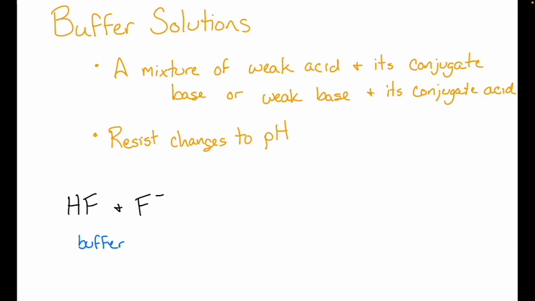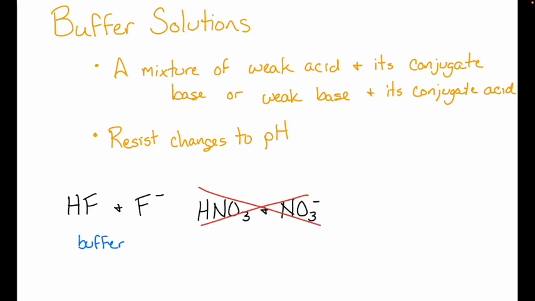Okay, if I take another acid, so for example, nitric acid and its conjugate, this would not be a buffer. Why is that? What do we consider nitric acid to be? A strong acid, all right? You can't make a buffer with a strong acid. It has to be a weak acid. So this combination would not work.